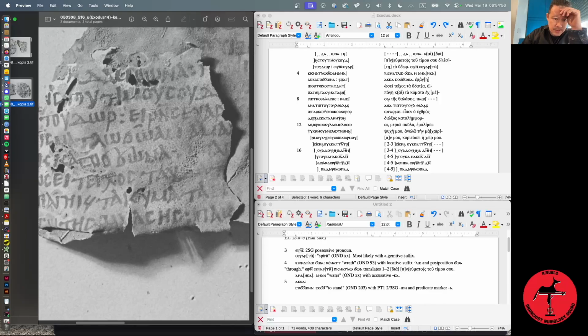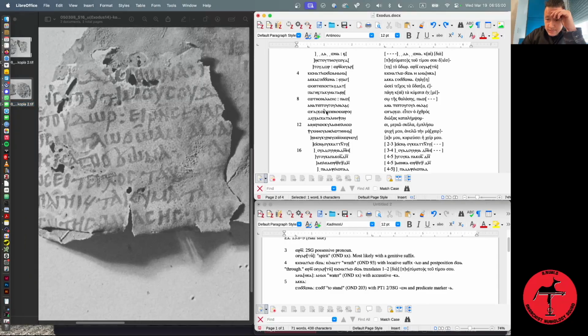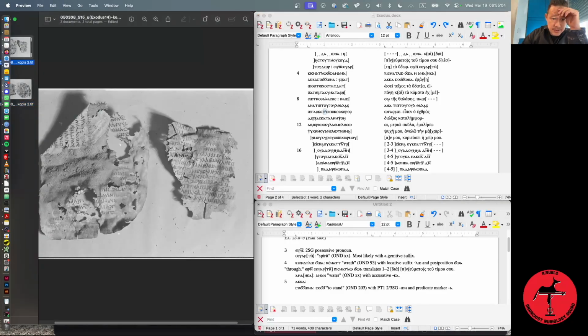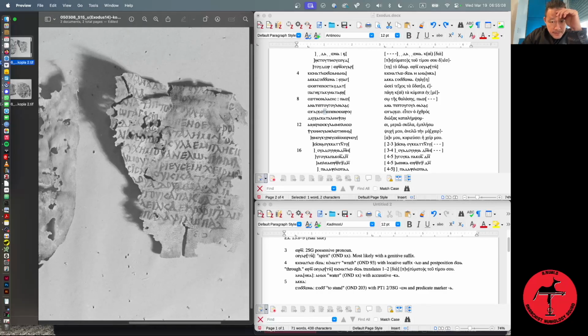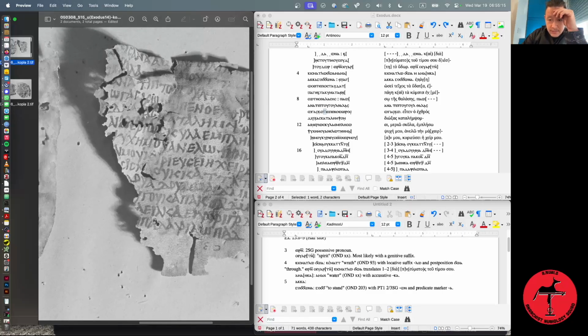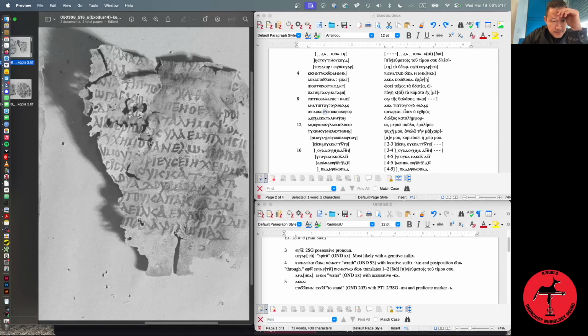This is a lambda. So where does he see this double stroke? So in line 8, 9, 10. So let's look at the other side. Let's go.